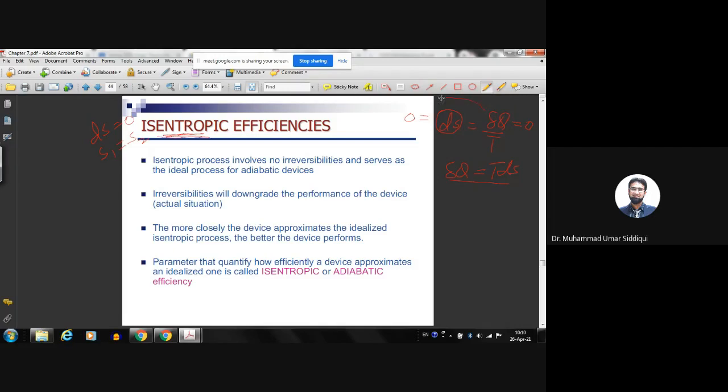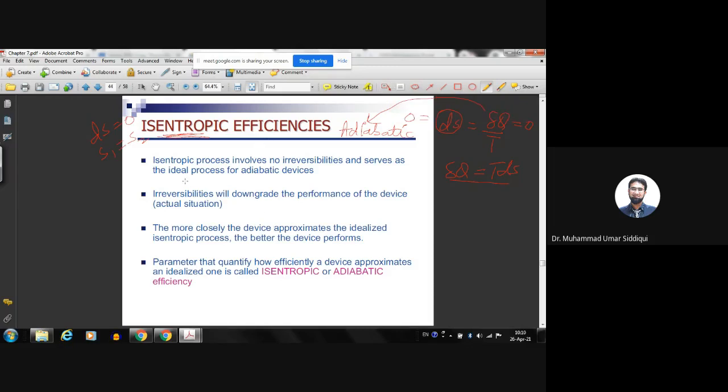So whenever delQ is 0, that means it is an adiabatic process. So first of all, the point of understanding is that whenever we say isentropic process, it also means adiabatic process.